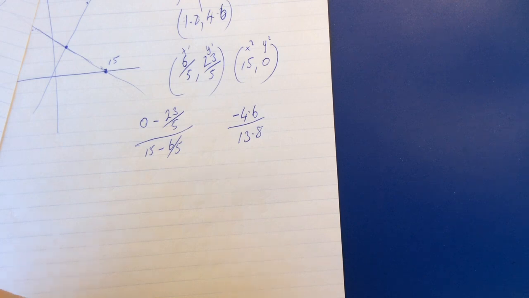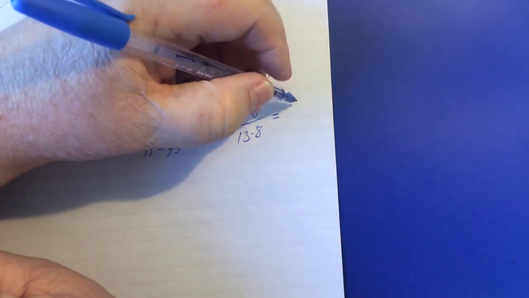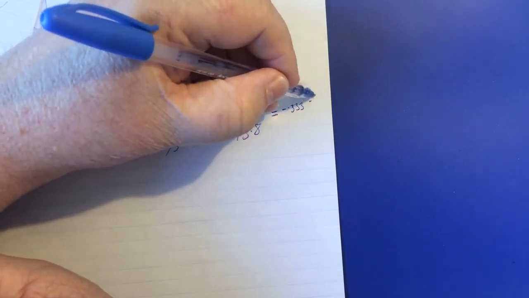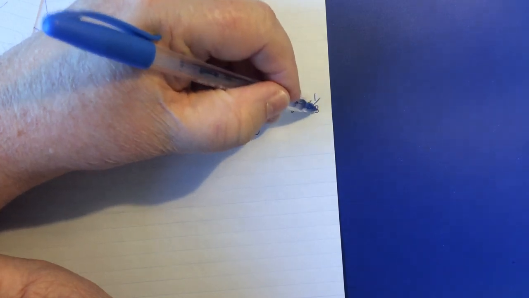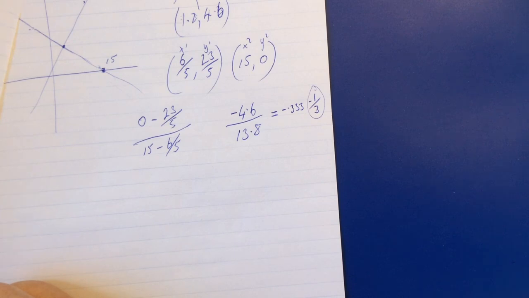What does that come to? Well, that's interesting. It comes to negative 0.3 recurring, which is really nice because that's negative 1 over 3. That's wonderful. That really simplifies things.